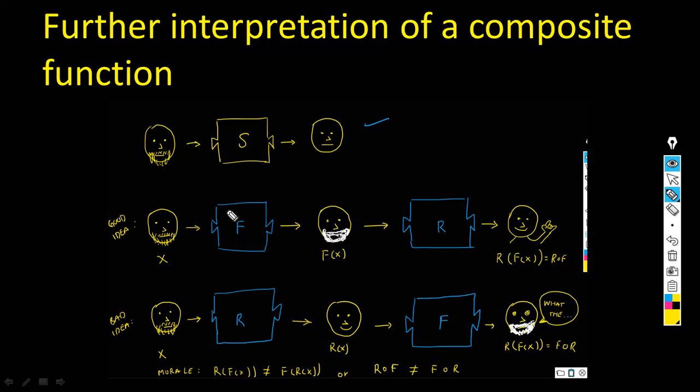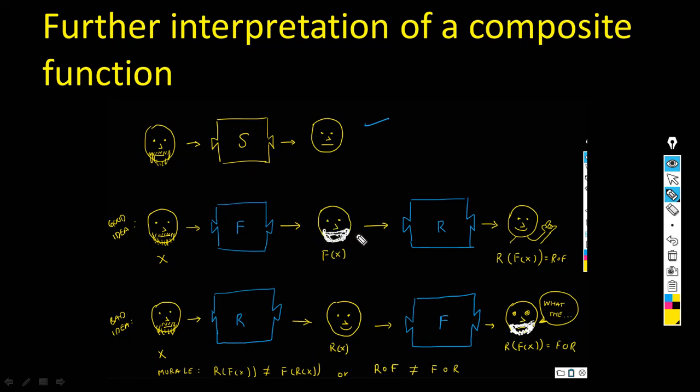Function f is function foam. It takes some guy in with a beard and applies foam to his beard. So if this is x, the input of f, x goes in and f outputs f of x, which is a guy with foam in his beard.